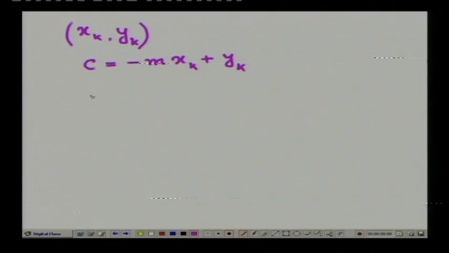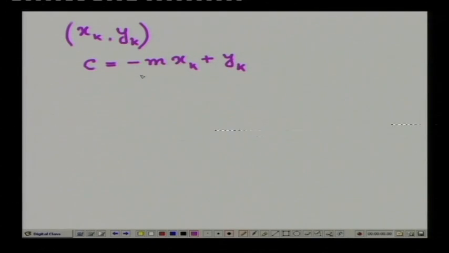So, to solve for values of M and C, our basic equation is C equal to minus M x_k plus y_k. Here we allow the value of M to vary from the minimum to the maximum, as we have chosen a range M minimum to M maximum.